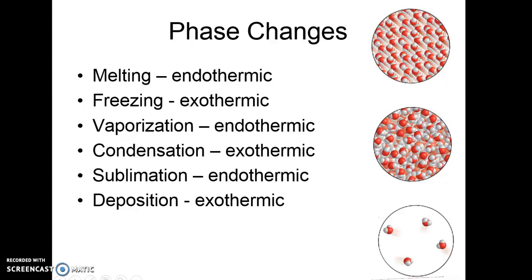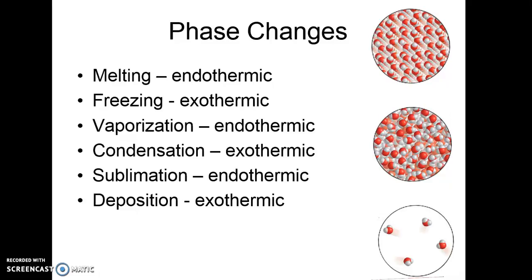They have to absorb energy, so it's endothermic. In freezing, you're taking it from liquid to solid, and so you have to take energy out. That's exothermic. In vaporization, we go from liquid to gas because you have to speed up the molecules. You've got to put energy in.